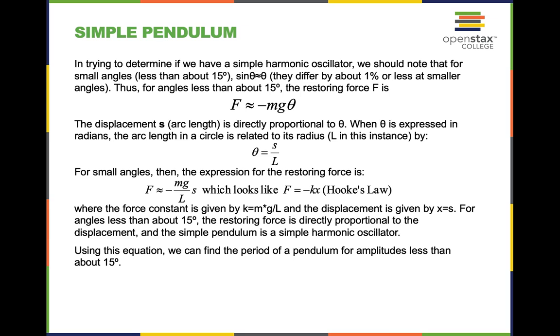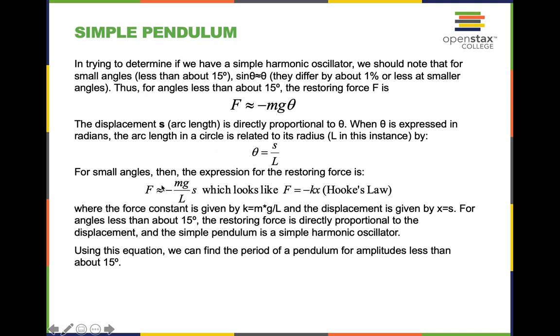The displacement S, the arc length, is directly proportional to theta. When theta is expressed in radians, the arc length in a circle is related to its radius, L in this instance. We've used R before, but in these equations we're going to use L. So theta is going to be S, our arc length, over L.